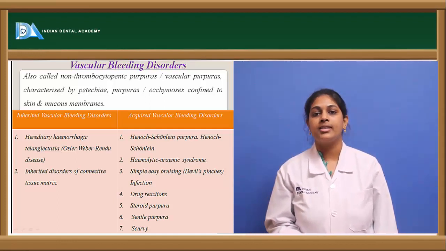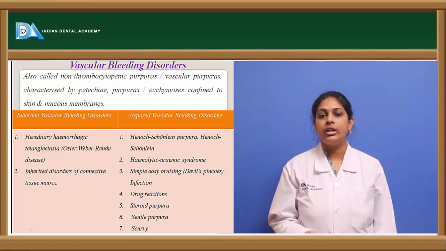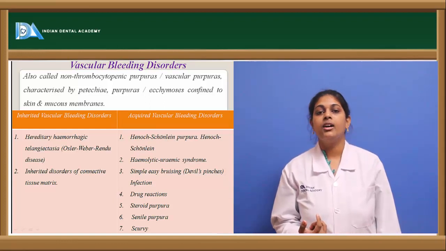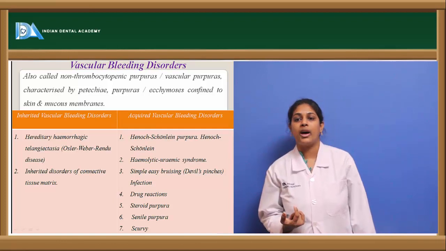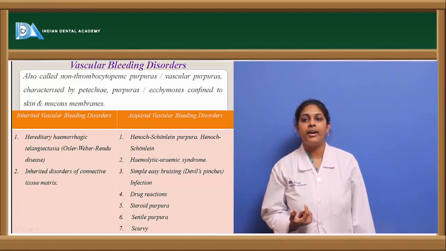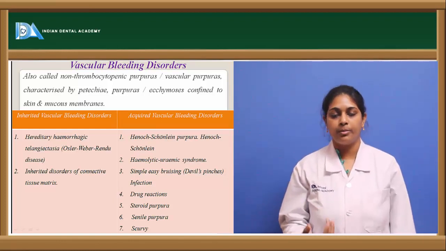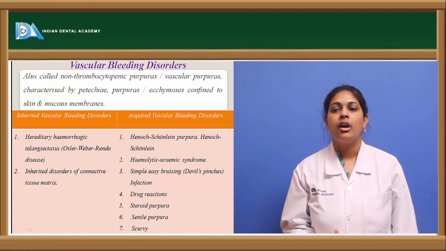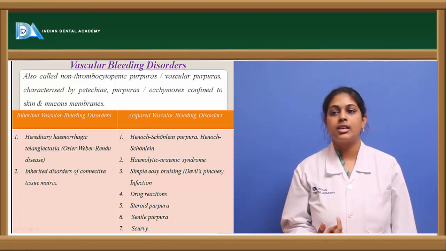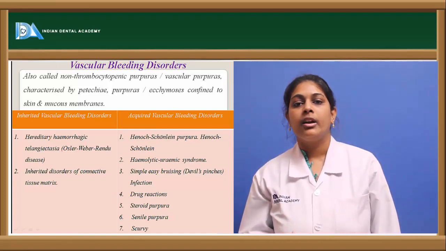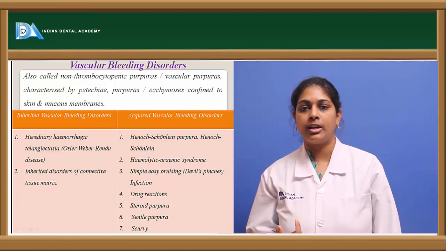This is an inherited form of disease where telangiectasia is formed in the vasculature, that is, dilated blood vessels can be seen, which can also result in hemorrhagic hematuria, and bleeding into the joints, tissues and the oral mucous membrane. So these are a few clinical manifestations of hereditary hemorrhagic telangiectasia.